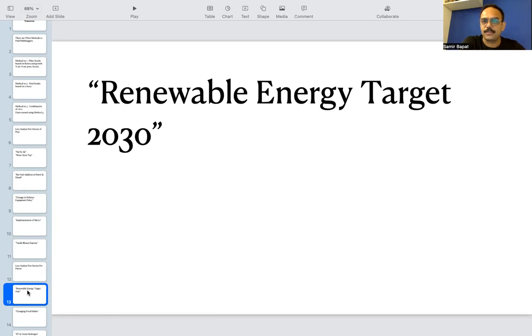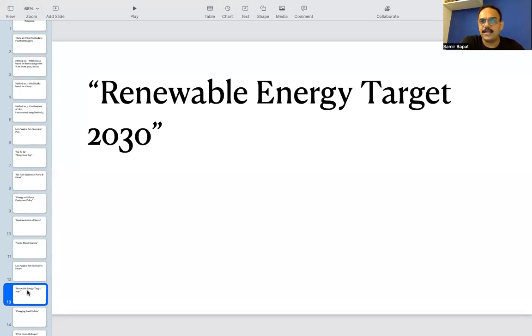First is renewable energy sector. There is a big push by government of India. Right now, we are dependent on gray fuel. Like we are dependent on a lot of crude oil for generation of power. We are dependent on a lot of coal for generation of power. Government of India is pushing for renewable energy, that is green energy, clean energy, solar energy, wind energy, and all, right? A few weeks ago I did a presentation on IREDA while explaining this.